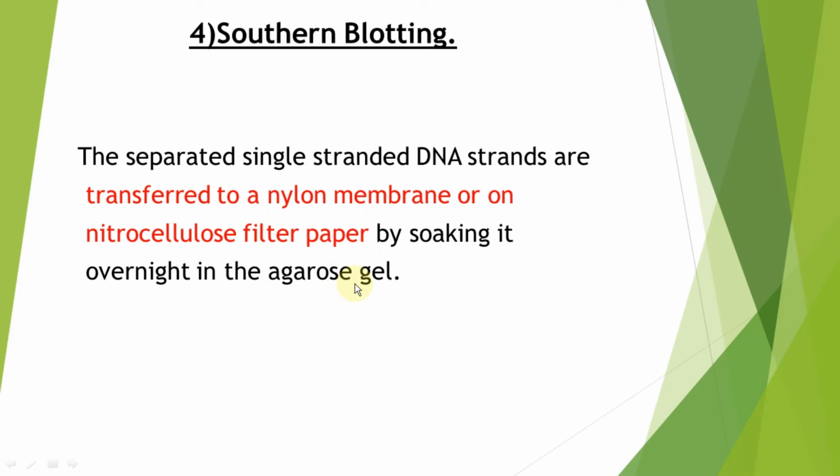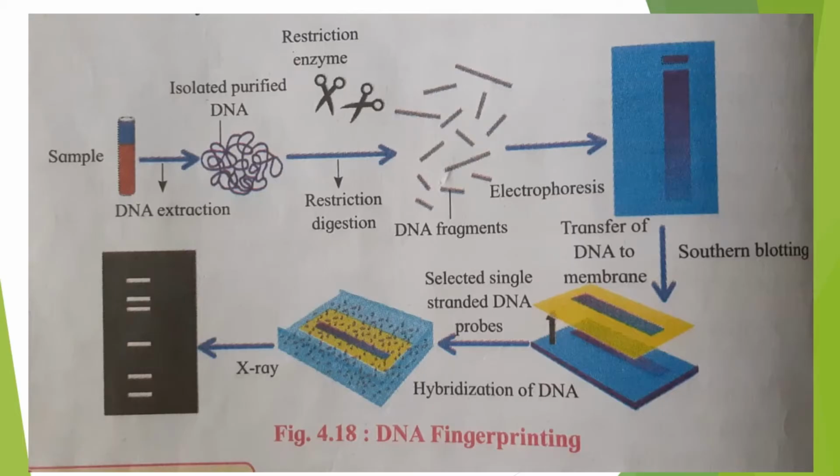The bands are there, and different single stranded DNA are ready. The gel is quite mobile in nature, so a nylon membrane or nitrocellulose filter paper is kept on that gel overnight. Then this is the transfer of DNA to the membrane.